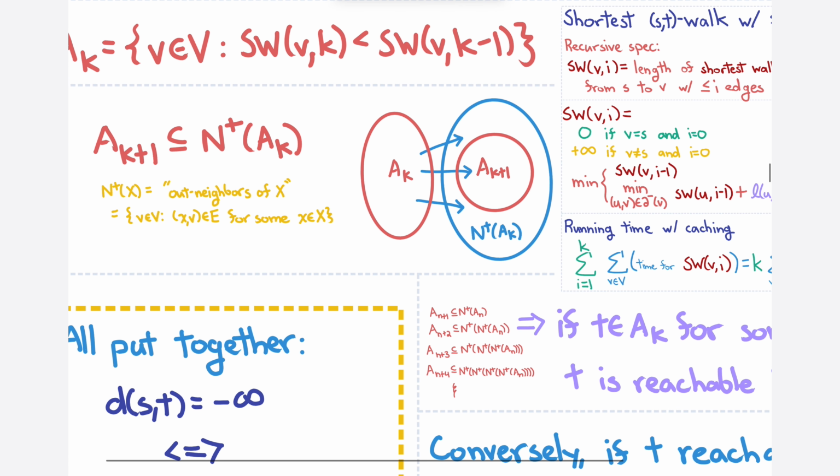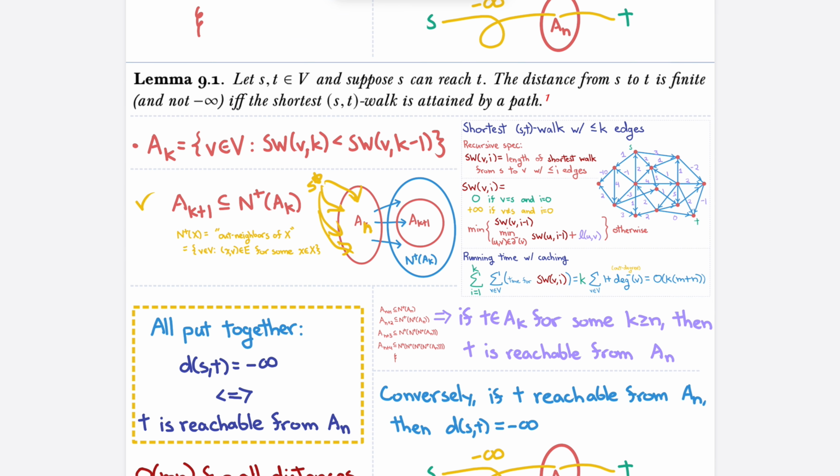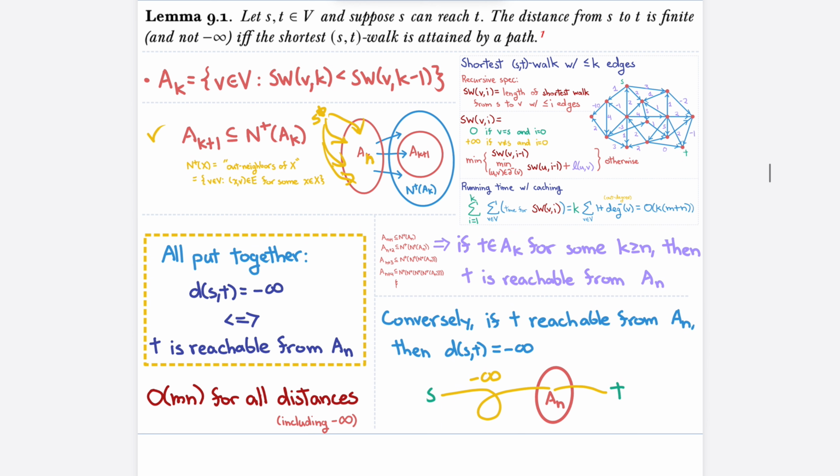I'll take my graph and make a new vertex, call it S star, and add an edge to everybody in A sub n in our example. Then running depth first search from S star will immediately explore all of A sub n and then explore everyone A sub n could reach. It doesn't really affect the overall running time here, but this trick will help a lot.